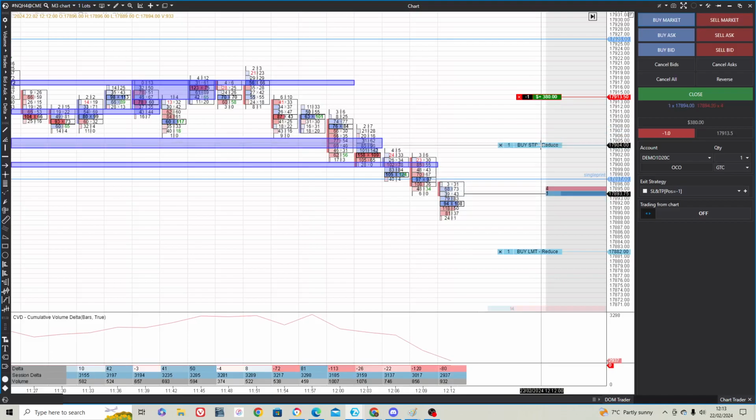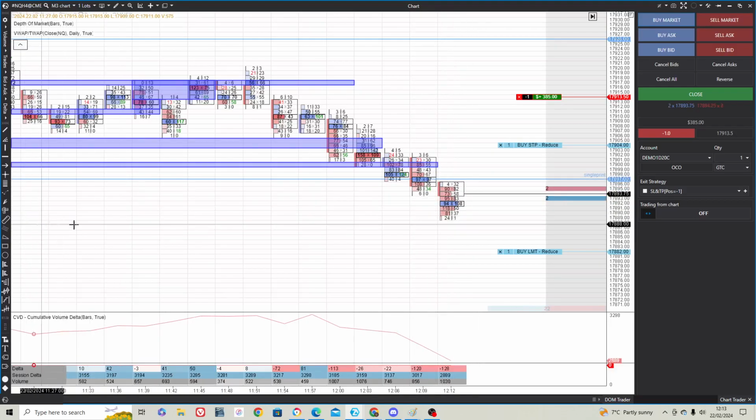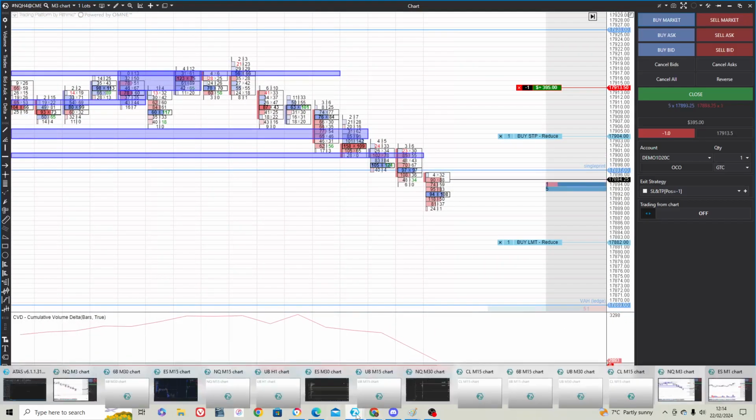This shows that buyers are really trying to accept above this single print area or this distribution on the market profile. Accept is the wrong word, sorry, reject.